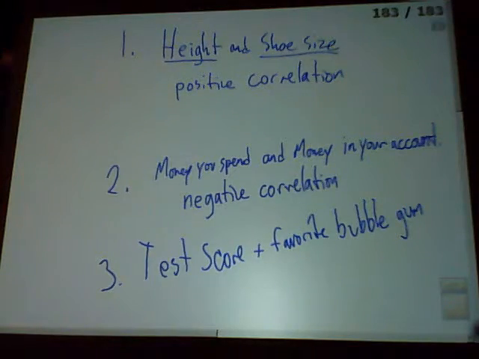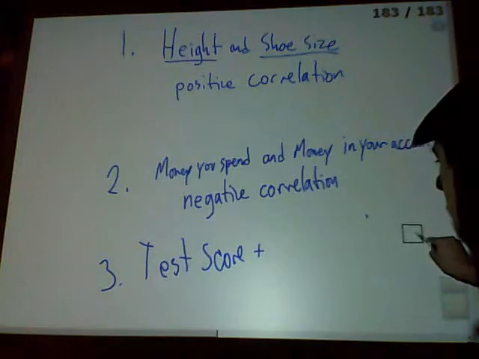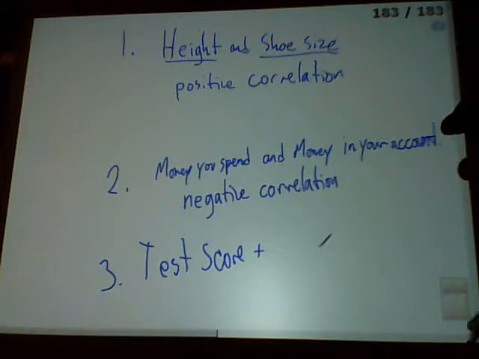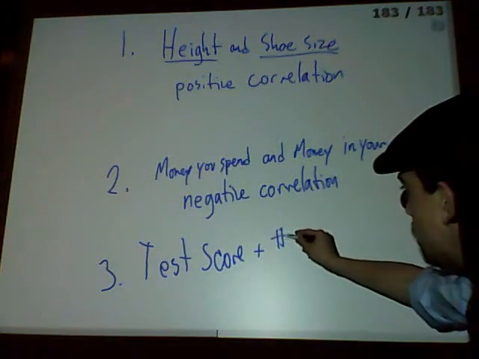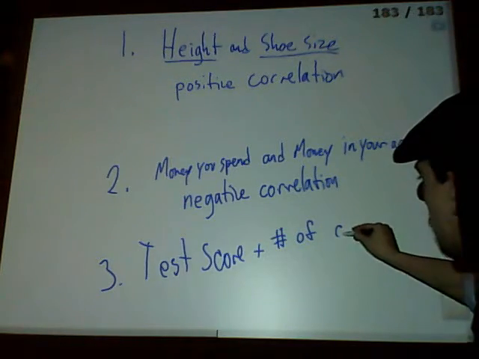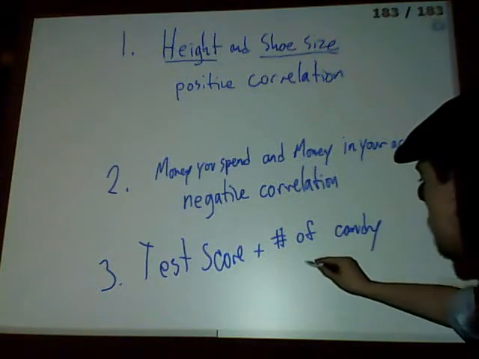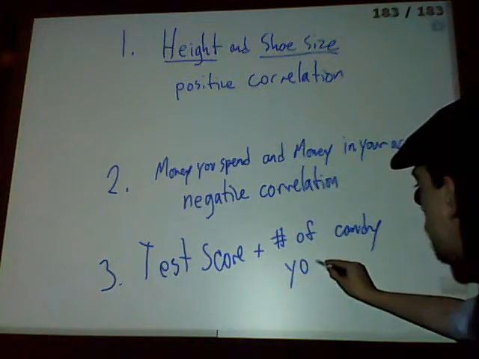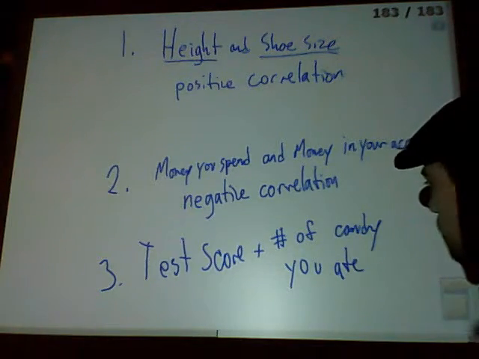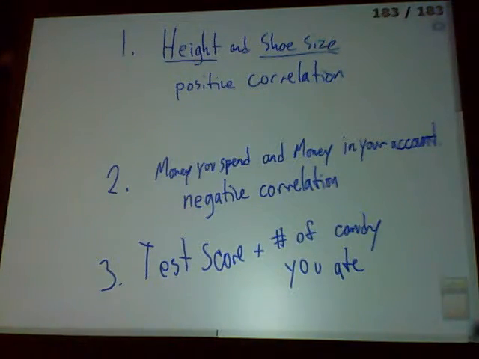Flavor of bubblegum is not quantifiable. Maybe we could say a favorite number of pieces of bubblegum to you. Let's say test scores and the number of candy you ate. So do you think your test scores go up if you eat more candy? Do you think they go down if you eat more candy?